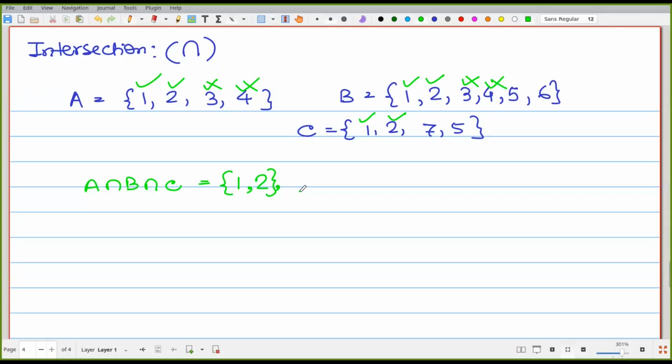Next one is called the difference of two sets. The notation is like subtraction, but it is not like the normal subtraction.